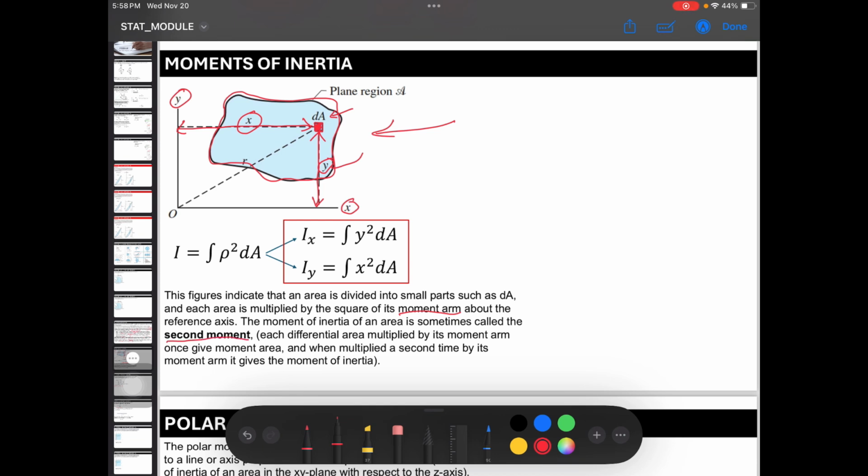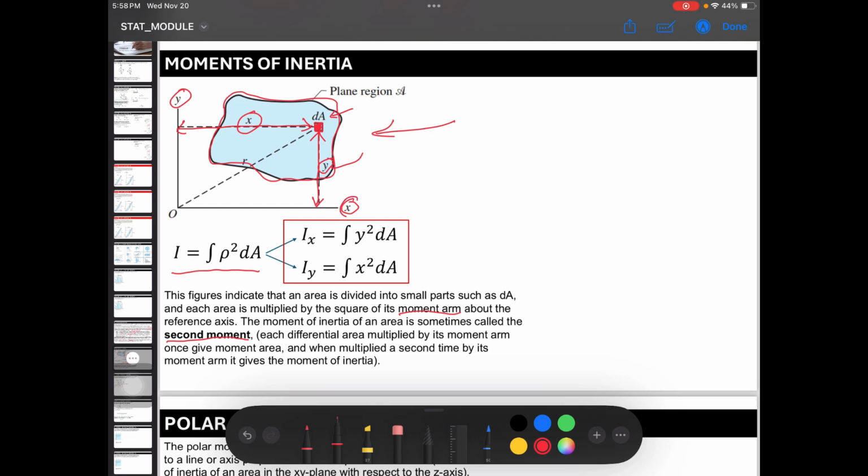Kasi kanina, di ba, sa centroid, pinultiply na natin ang differential area sa perpendicular distance niya, but once lang yun. But with moment of inertia, we multiply the differential area to its moment arm ng twice. Okay? So, eto ang formula niya. Kung may differential area ka, i-multiply mo siya twice doon sa kanyang moment arm.